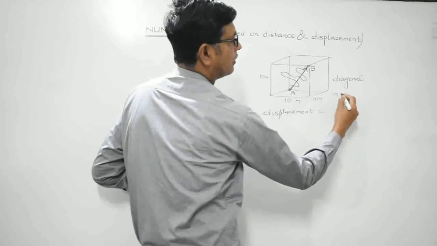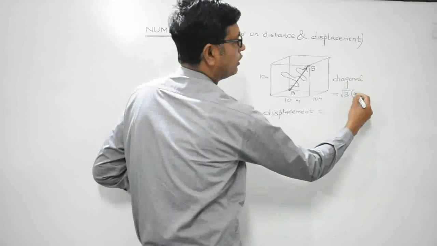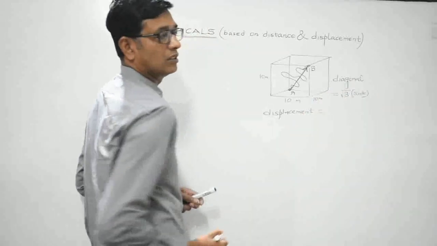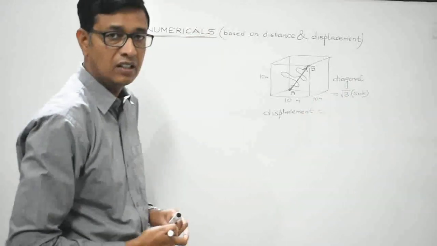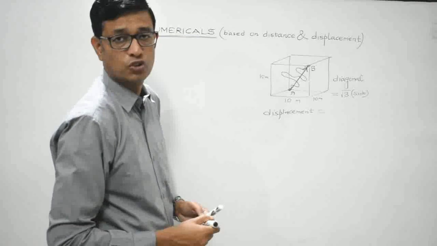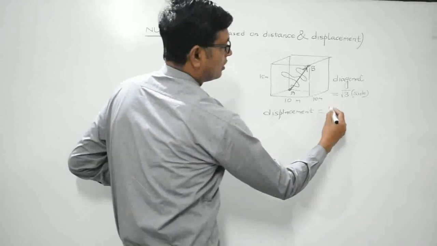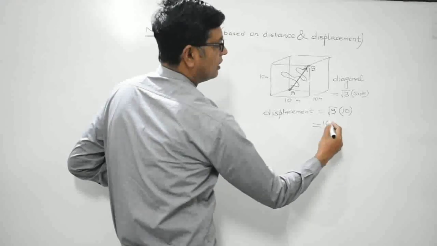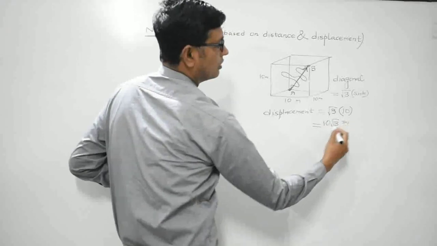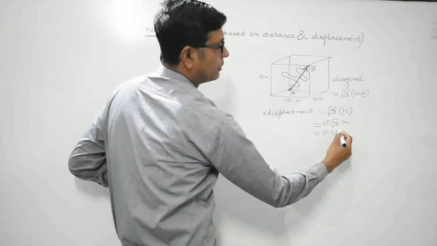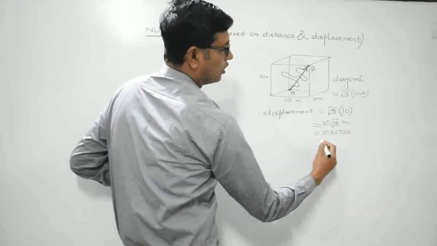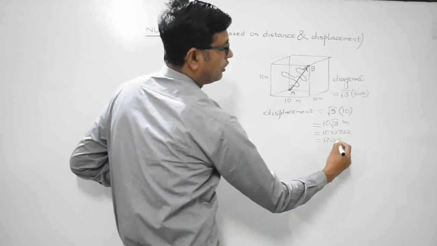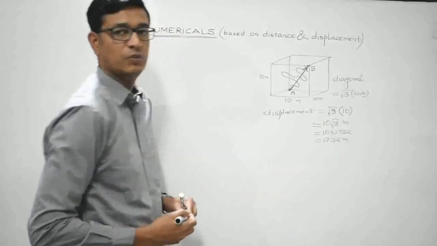Diagonal of a square is root 2 into side. Diagonal of a cube is root 3 multiplied by side. So it is root 3 multiplied by 10, or it can be written as 10 root 3 meter. That is, 10 root 3 is 17.32 meters, using root 3 as 1.732. That's the displacement, right?